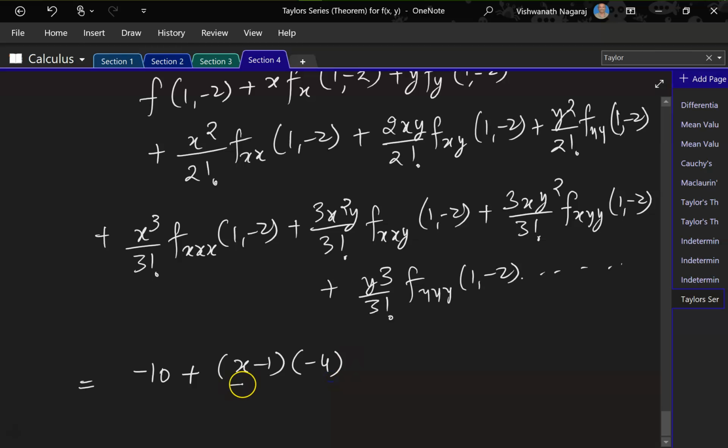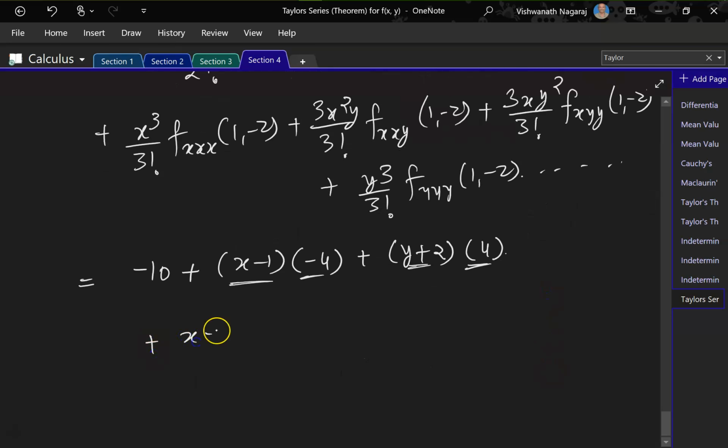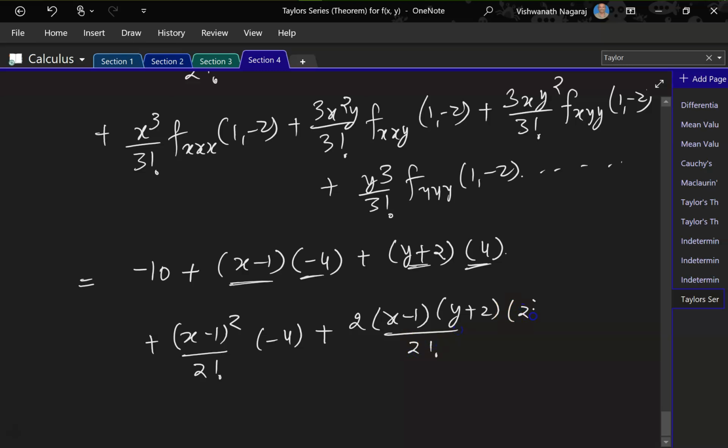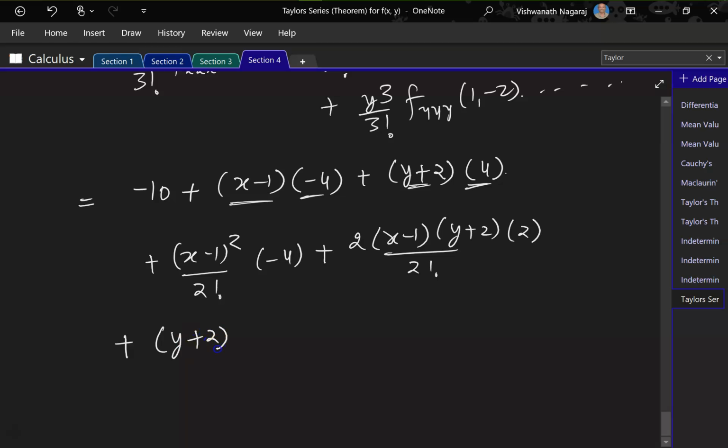So this is the x part and this is the fx part, plus y plus 2, this is the y part, and this is the fy part, plus x minus 1 square by 2 factorial times minus 4 plus 2 times x minus 1 y plus 2 by 2 factorial times 2 plus y plus 2 square by 2 factorial times 0 plus x minus 1 cube.